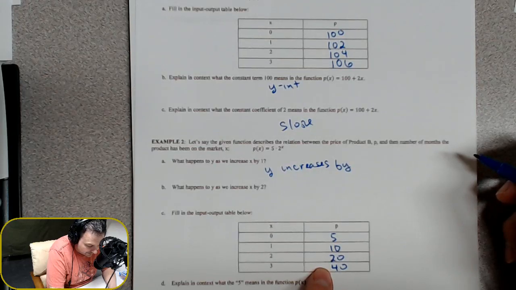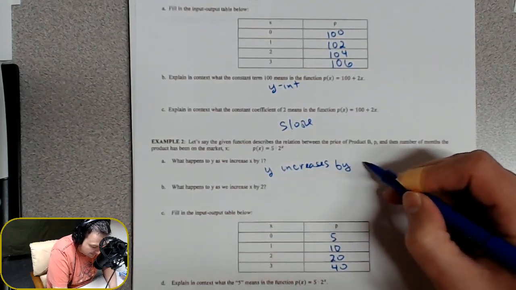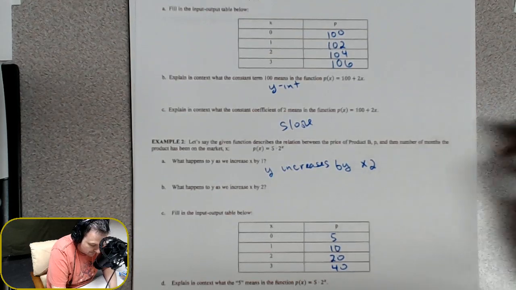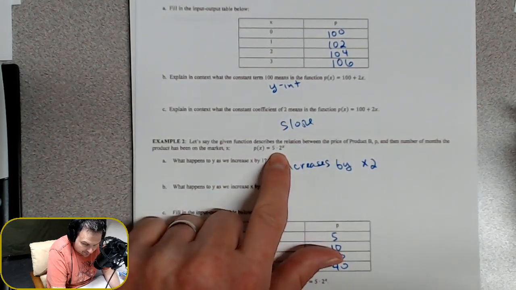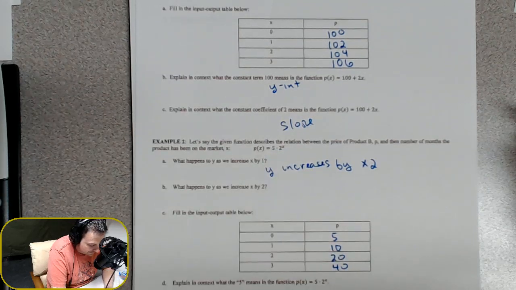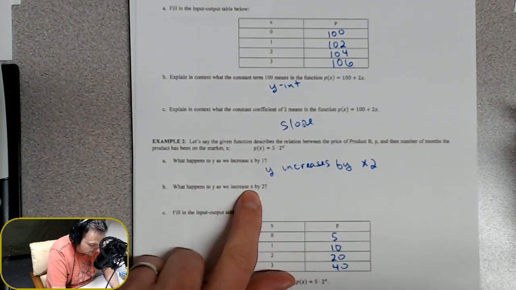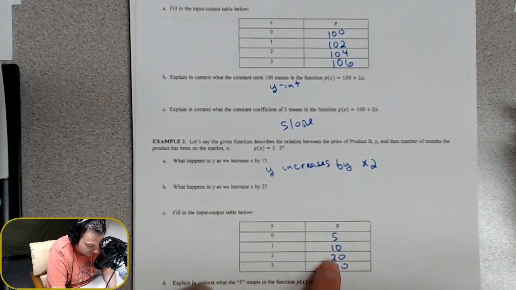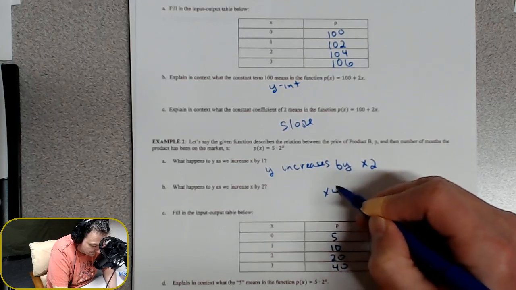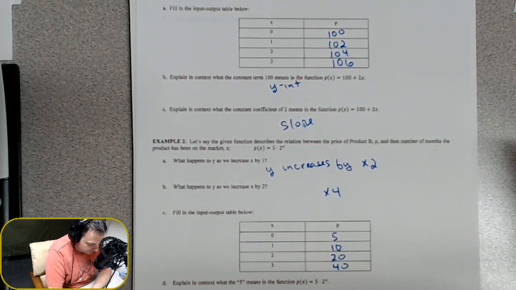You see? So y increases by times 2. Now, we don't call it the slope, but you can see the 2 inside the problem. What happens to y as we increase x by 2? If x goes up by 2, y increases times 4. You see that?